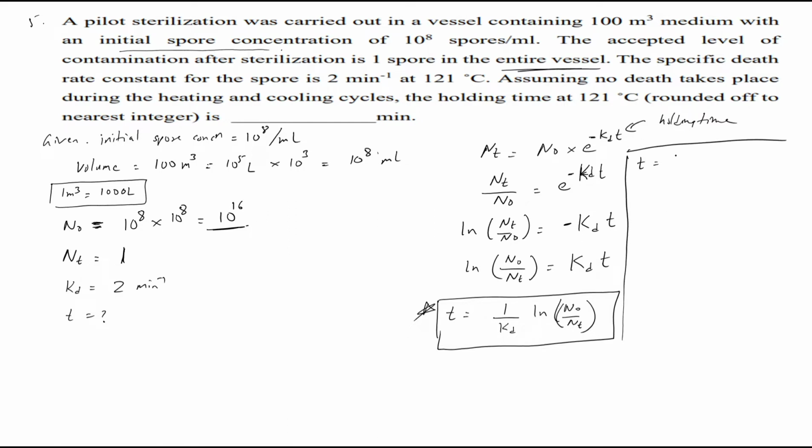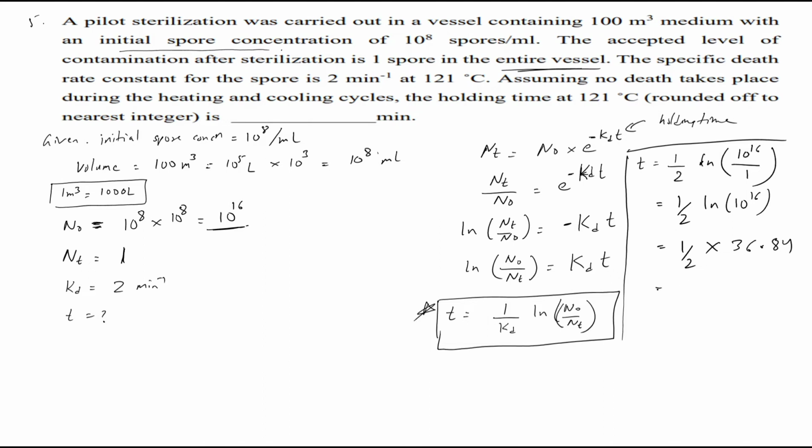So t is equal to 1 upon Kd, and the Kd value is given as 2, into ln N naught upon Nt. What is N naught? 10 to the power 16 upon 1. Which will be equal to 1 upon 2 ln 10 to the power 16. If you calculate, the value of ln 10 to the power 16 will come as 36.84.